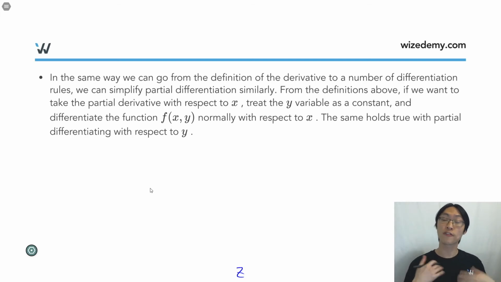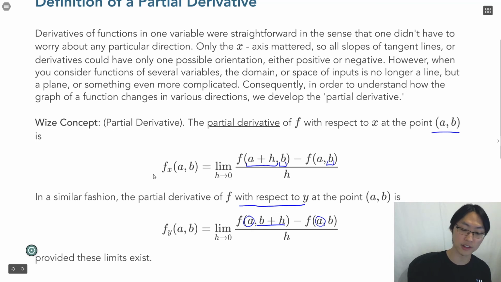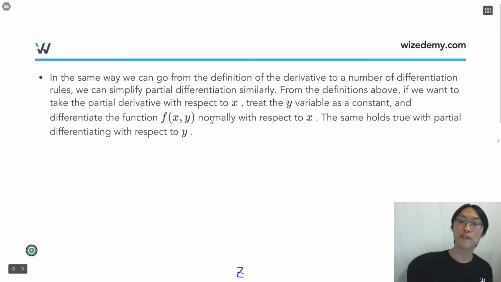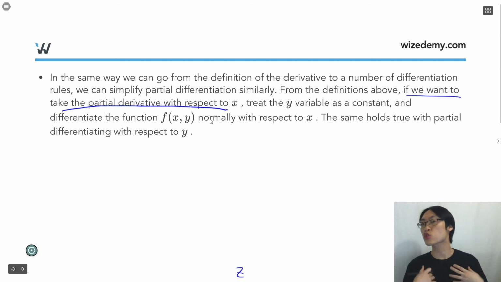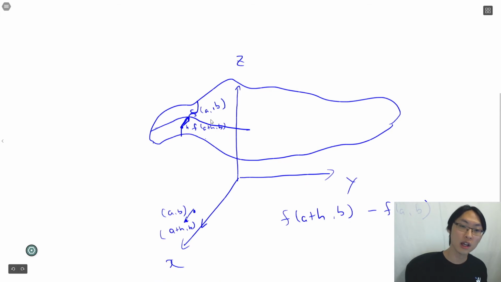From these two limit definitions, if we want to take the partial derivative with respect to x, we treat the y variable as a constant. Here, the b is the same for both of these functions. So if your function was something like x squared times y, for example, let me write that again.